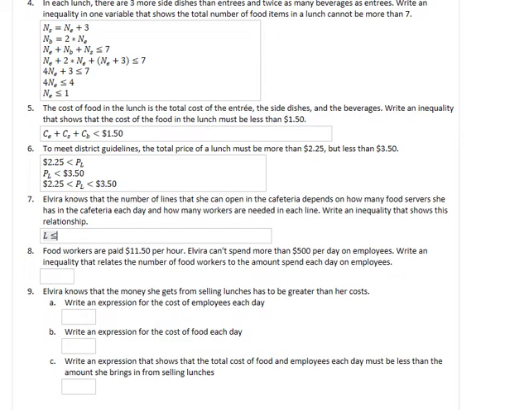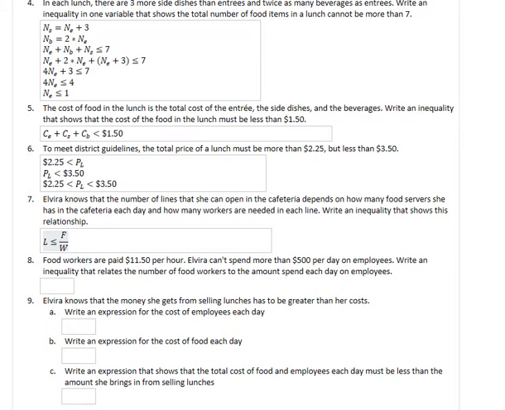And in order for our units to cancel out correctly, we write it in this fashion. We have F, which represents the servers per cafeteria, divided by W, which is servers per line. So you've got all your servers, and then you just have it per line. And that will help you figure out how many lines you need.